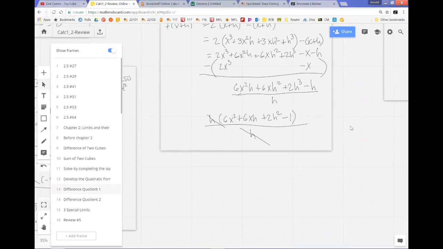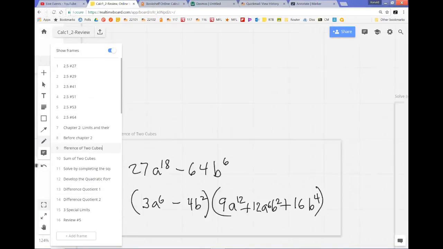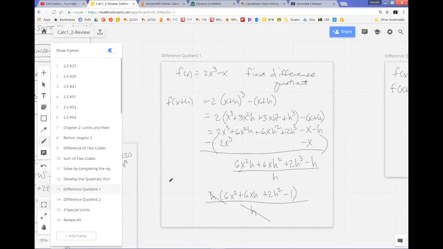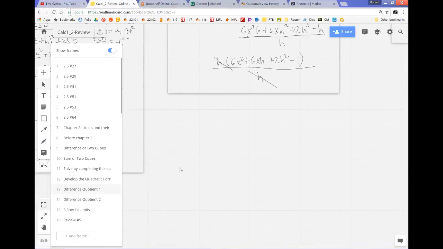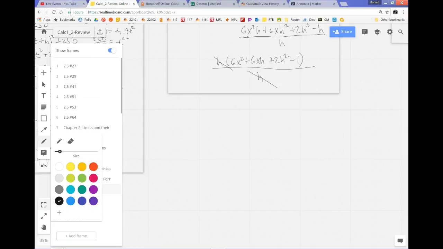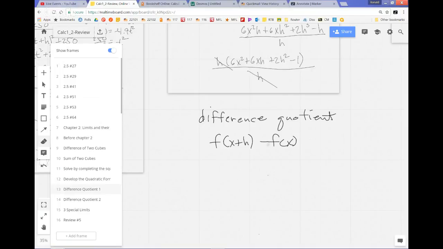So what you're doing with a difference quotient is, and you have to know this, a difference quotient means, yeah, that minus sign got sticky. So that's a difference quotient.